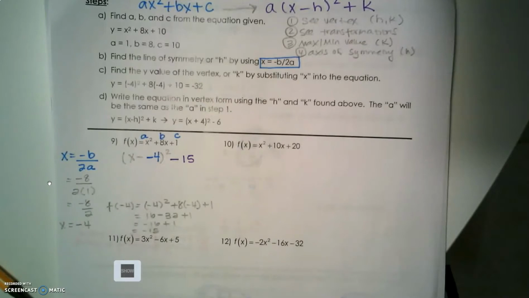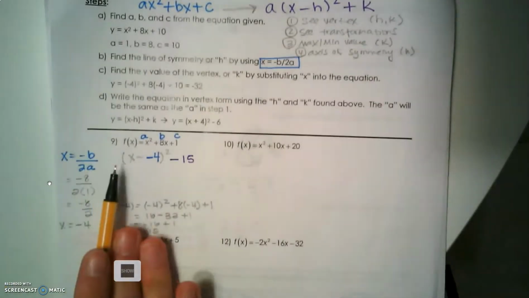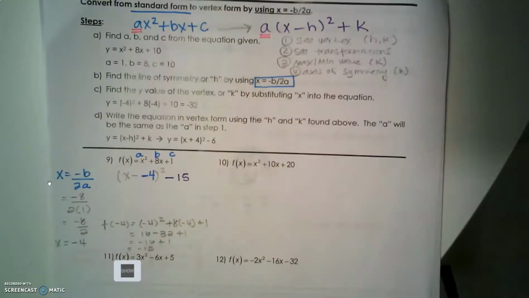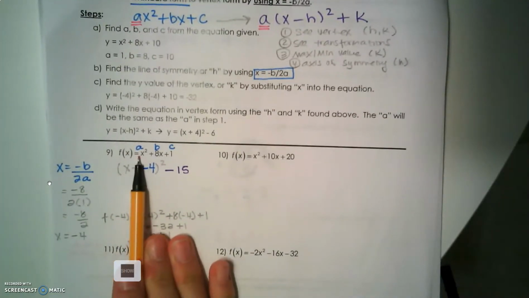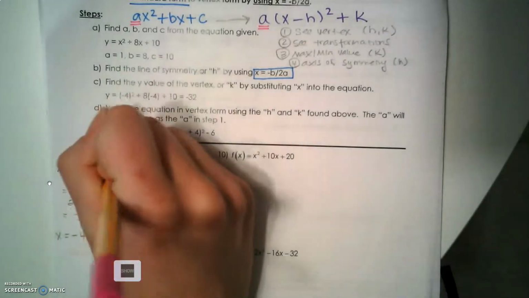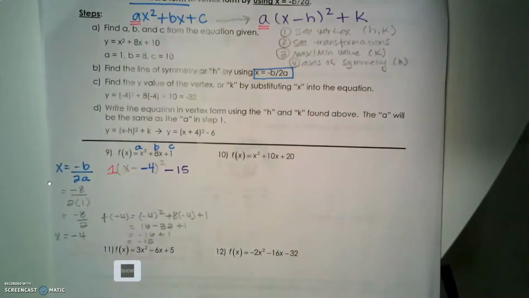Okay? Now, if we notice, we have one more spot left to fill. We have this a spot. The a spot is the same. This a value and this a value represent the same thing. So looking at our quadratic equation, that a value is 1. So I could write a 1 out here, but that's kind of understood.